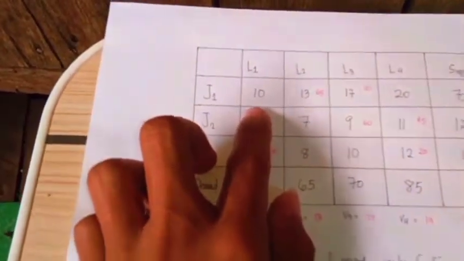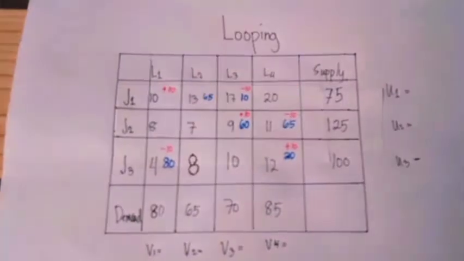Since the negative value is on our L11 or the 10 here, in our looping we are going to start here.